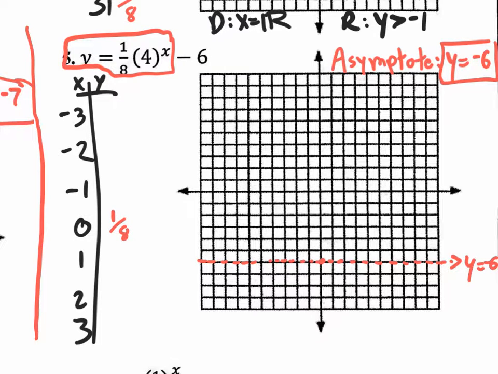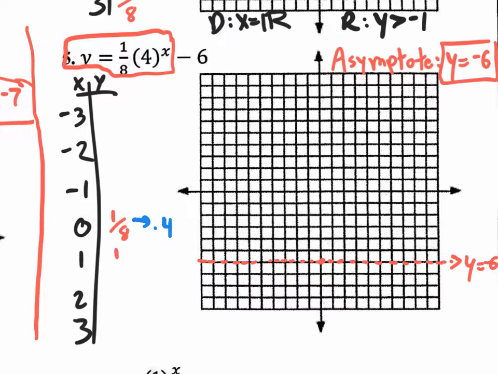Now, from this value, is it going to grow or is it going to decay? Is it going to get bigger or smaller? Bigger. Okay. So how do I go from this output to the next output? It's going to grow by 4. So if I did say 1/8 times 4, that would give us 4/8, which becomes 1/2.